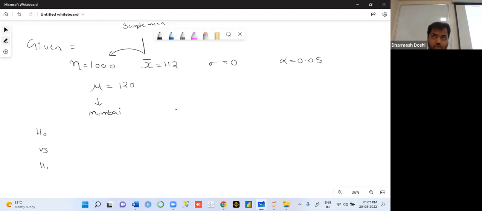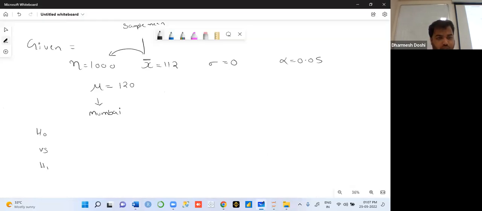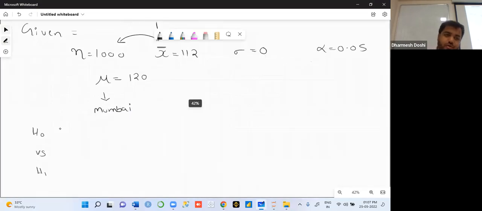So guys, we need to check, okay, the mean weight of a sample is equal to 120. So can I say we are saying that the mean weight, right, everyone? Perfect.